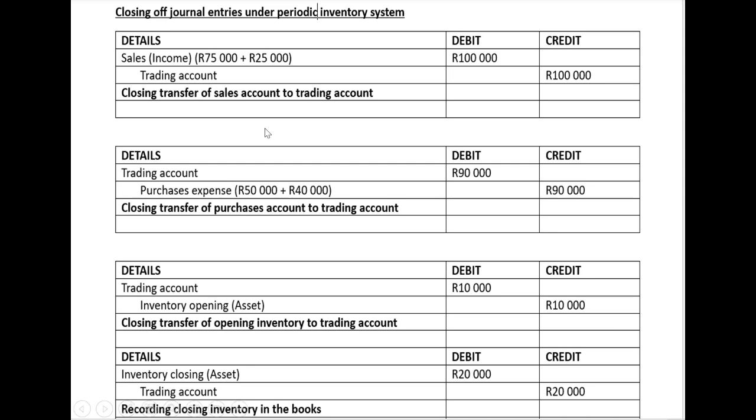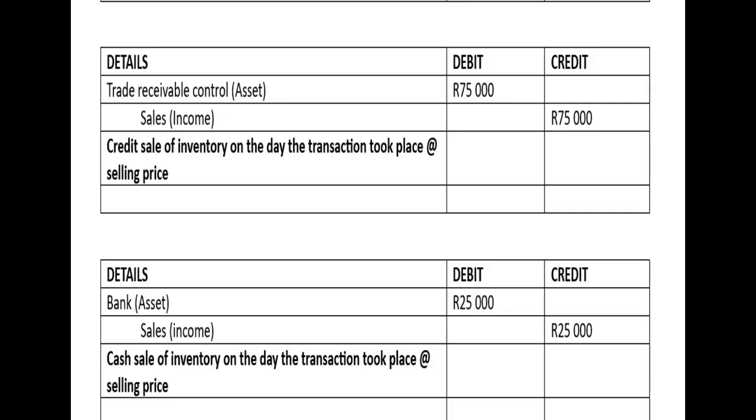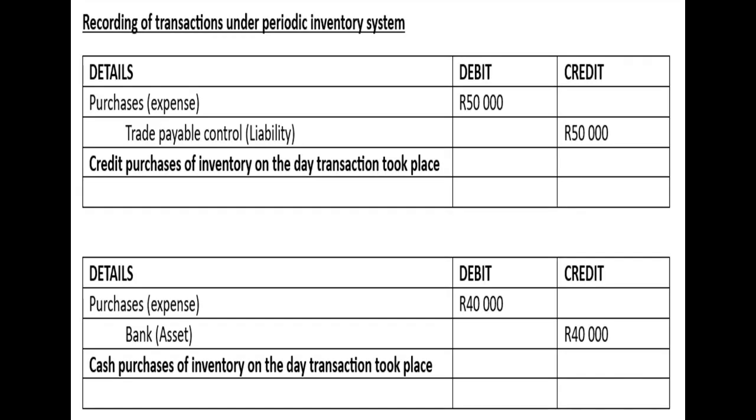Okay, so now we debited the sales income. We credited what? The trading account, because remember, sales need to be closed off to your trading account. Number two, the sales part has been done, so we need to close off the purchases expenses to our trading account.